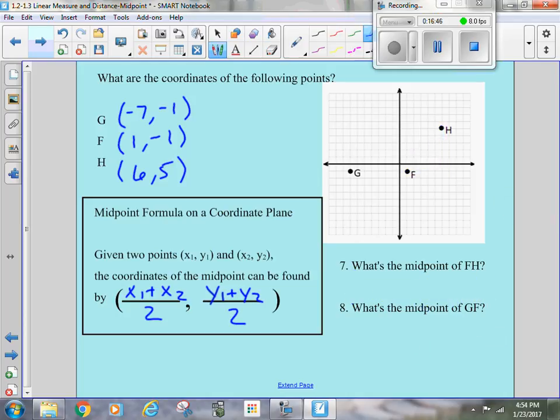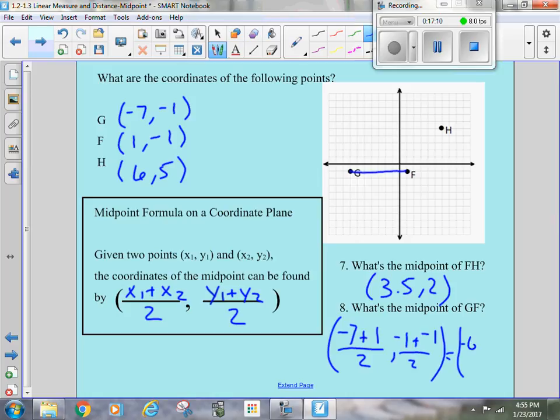Now we want to find the midpoint of GF. So we have the x values, -7 plus 1 divided by 2, and then -1 plus a -1 divided by 2 gives you -6 divided by 2 and -2 divided by 2.